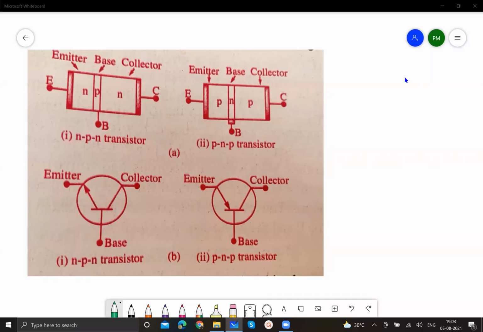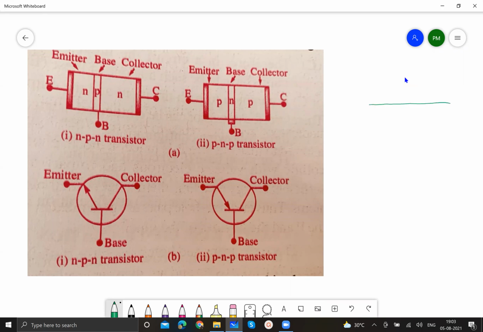So these are the two transistors, I repeat. One is the NPN transistor, second is the PNP transistor. How do you get this transistor? We'll take germanium or silicon, either germanium or silicon. To this, on one side, suppose if you want PNP, on one side of it, we will dope boron.